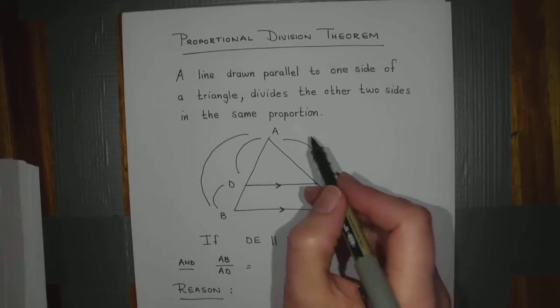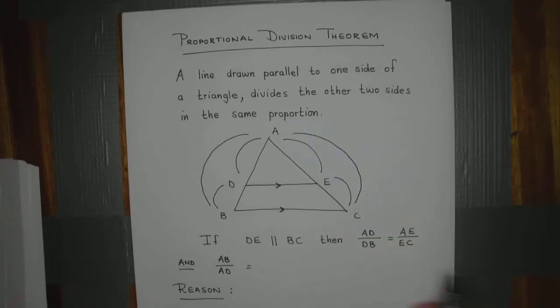AC over AE. And let's try another one. How about we go BD over AC? So if I go BD over AC, that is my bounce. What's going to be my bounce on the other side? CE over AC.